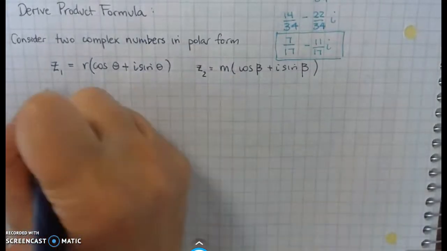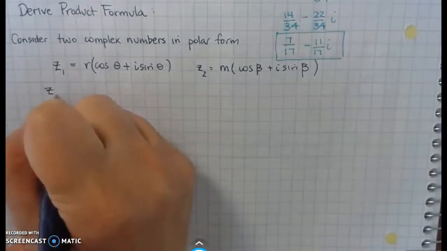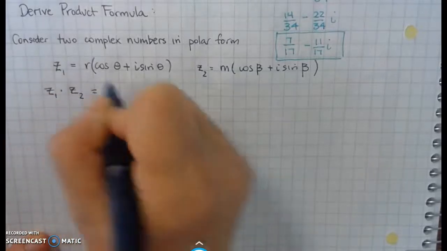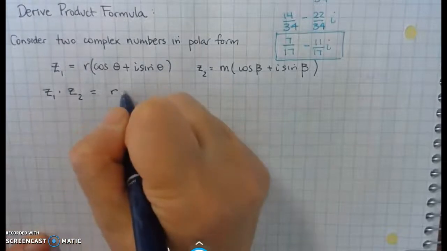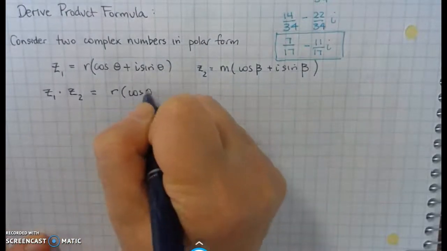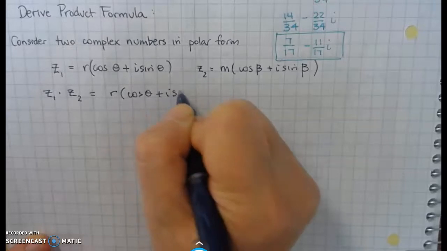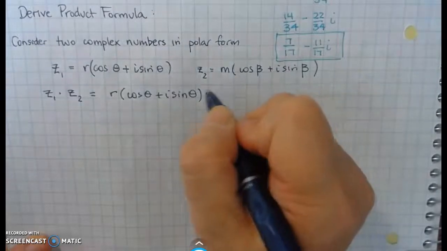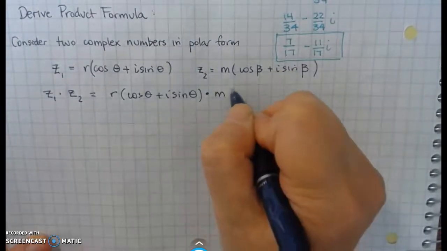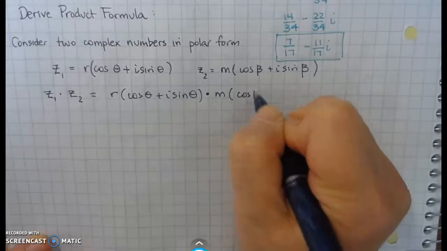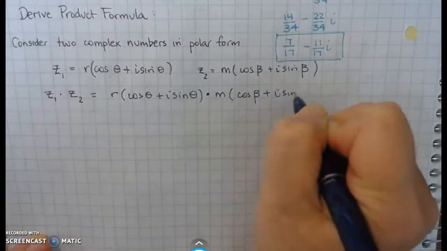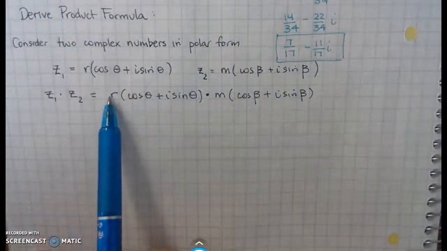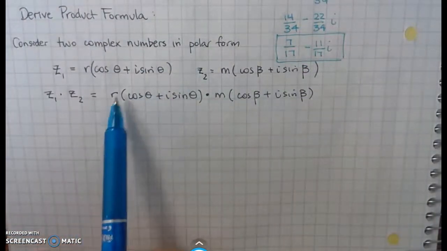So if I was to multiply the first complex number by the second complex number, this just turns into r multiplied by cosine of theta plus i sine of theta, multiplied by the second complex number, m multiplied by cosine of beta plus i sine of beta. That's the first thing. Okay, so remember, the operation between r and the parenthesis is also multiply.